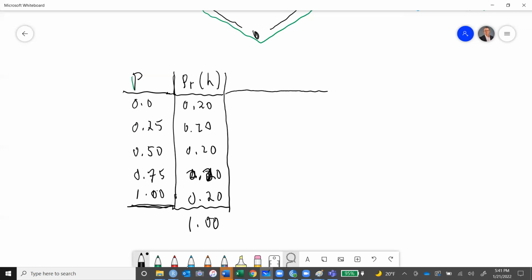And now we can do something else. We can do the probability of the data given a hypothesis. Remember what the data is. This is the same as saying the probability of 2 water or 2 ups, 1 land or 1 down, given any old P we want, any old hypothesis we want.